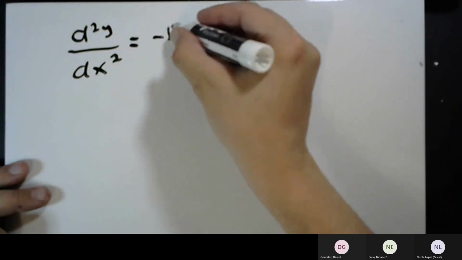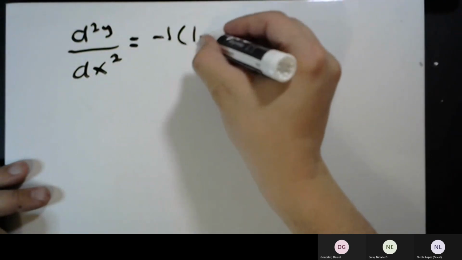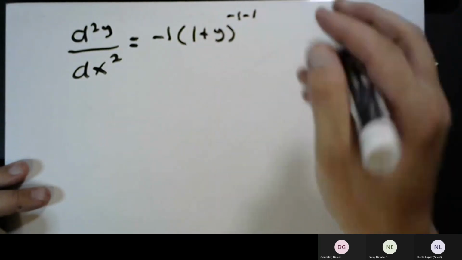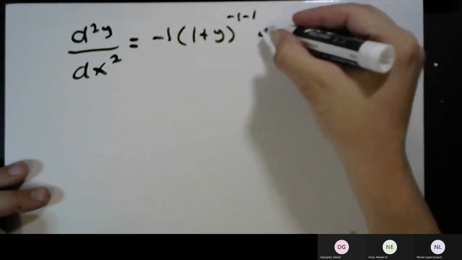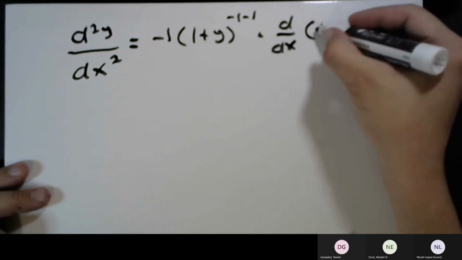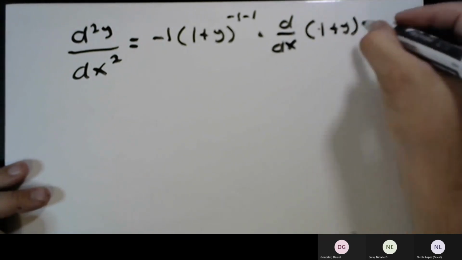well, this will be -1, (1 + y)^(-1 - 1), times the derivative of 1 + y.